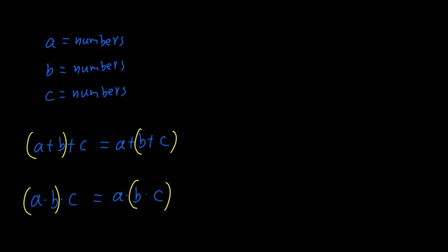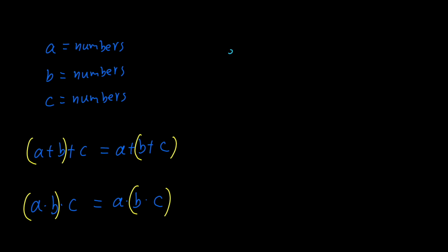We want to do some examples. Let's say I have 5 plus 1, and I put the parentheses around them, and plus 3. According to the associative property, we can rewrite these 3 numbers as 5 plus 1 plus 3, and I put the parentheses around 1 and 3.